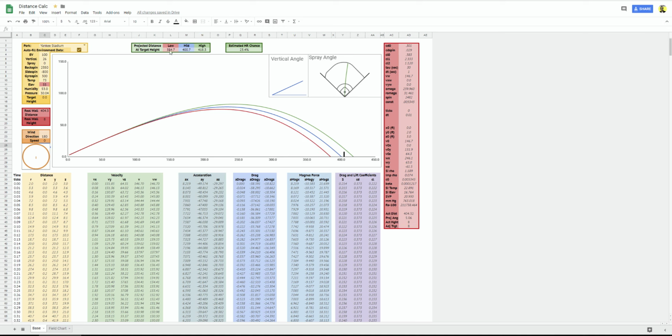These projected distances, the low is, I believe, about 2 standard deviations below average distance. The standard deviations are coming from the coefficient of drag and the coefficient of lift.